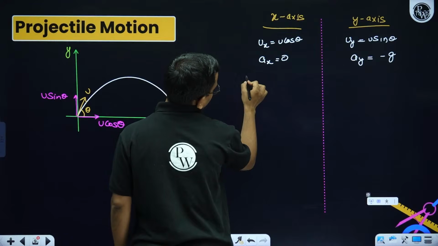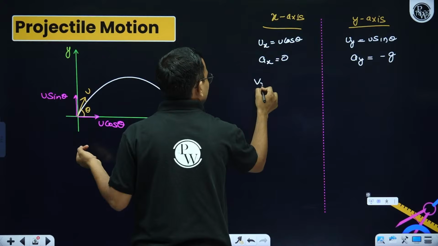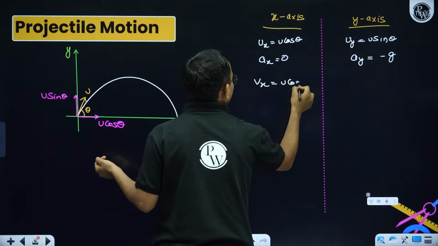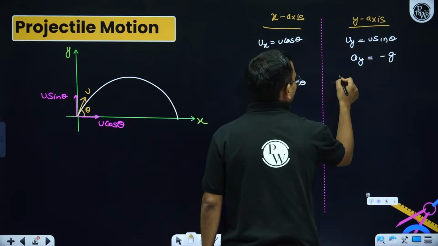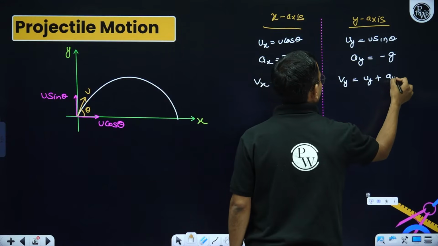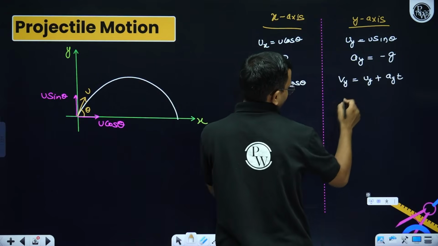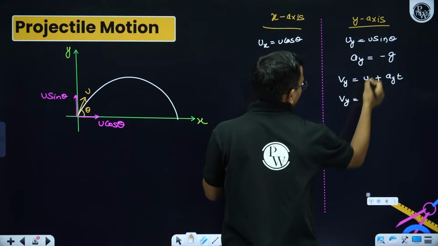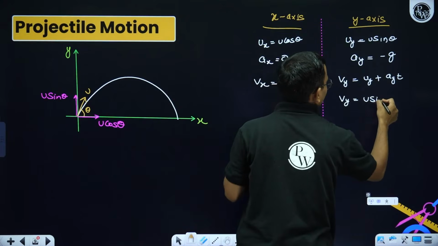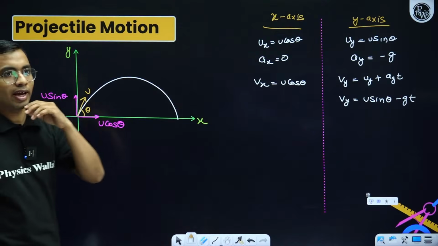Along the x-axis, acceleration is 0, so velocity will be constant. So Vx will always be u cos theta. It will not change with time. Vy is equal to uy plus ay into t. So Vy equals u sin theta minus gt. This is the velocity along the y-axis.